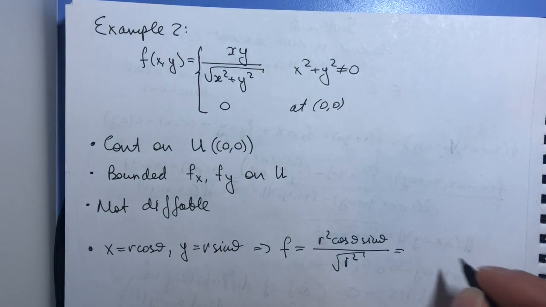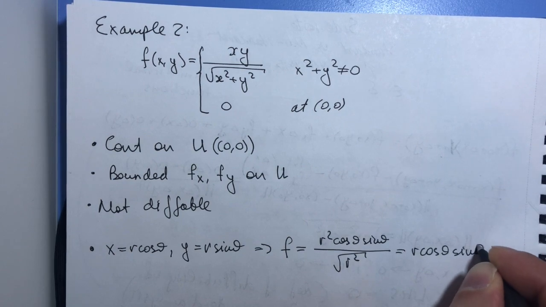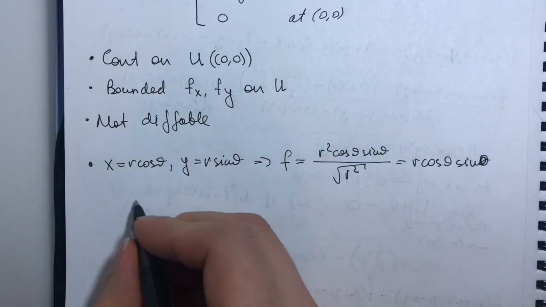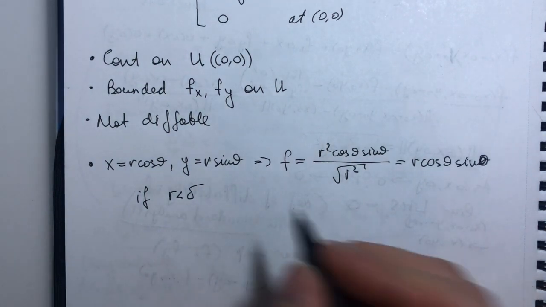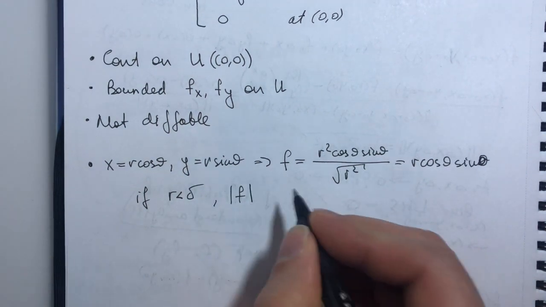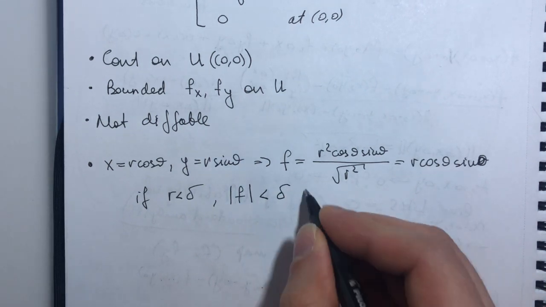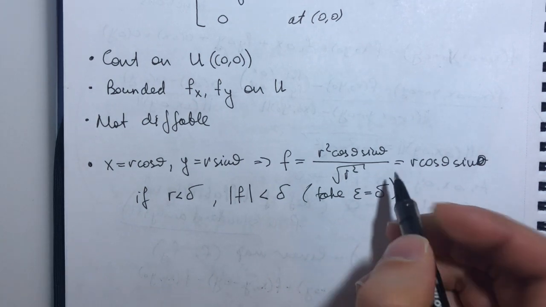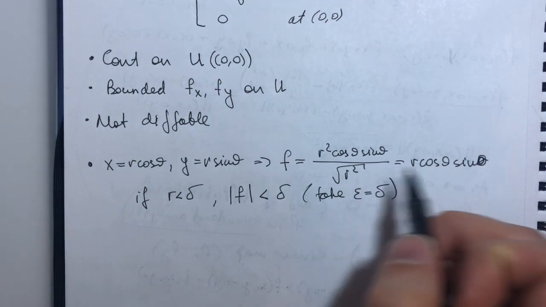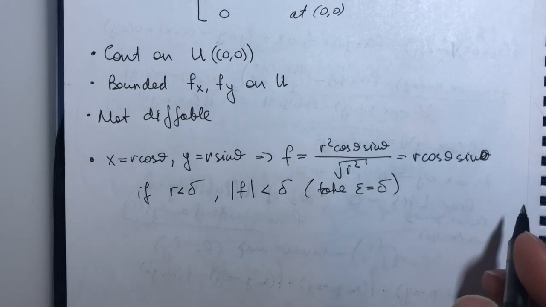And this is equal to r cos theta sin theta. So again, if r is bounded by delta, then f is going to be bounded by delta. So we can take epsilon equal to delta. I'm doing a lot of shortcuts here. If you are not following, then write it down and do it yourself.